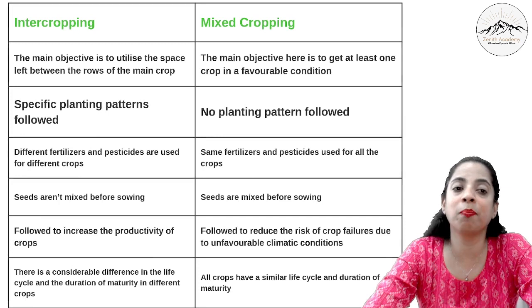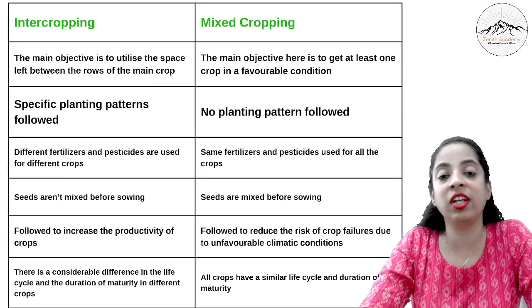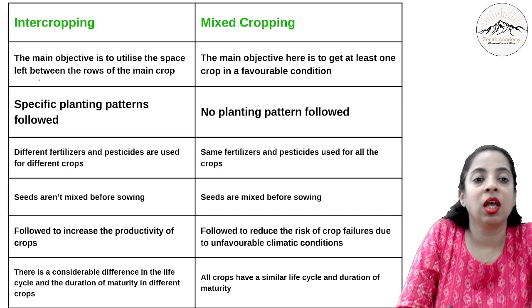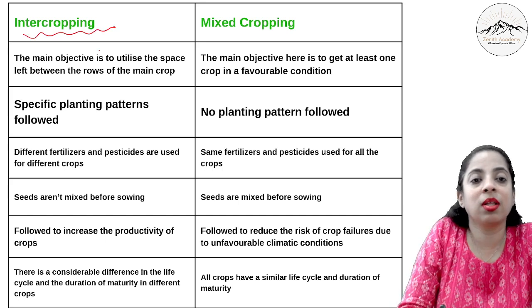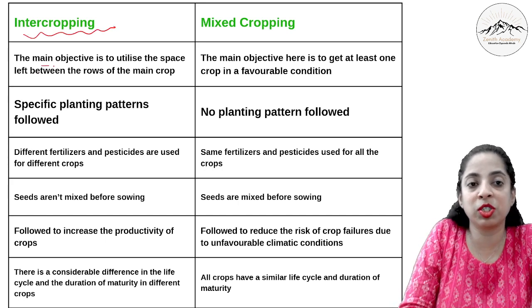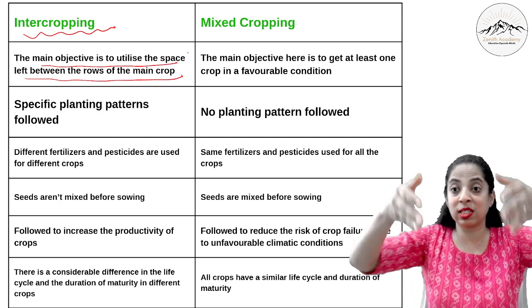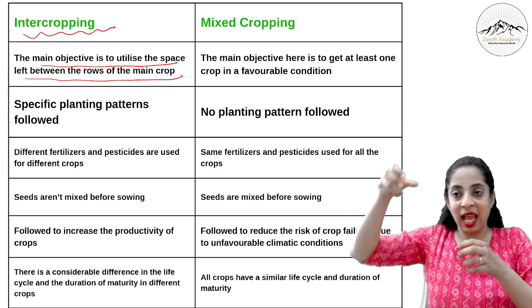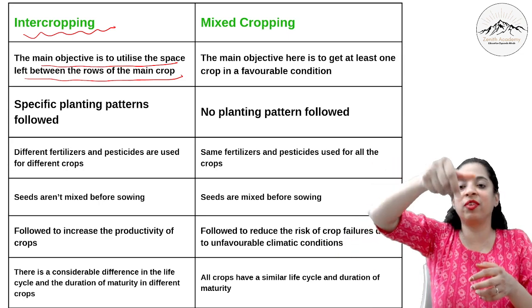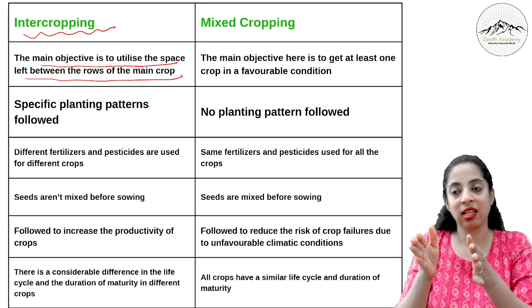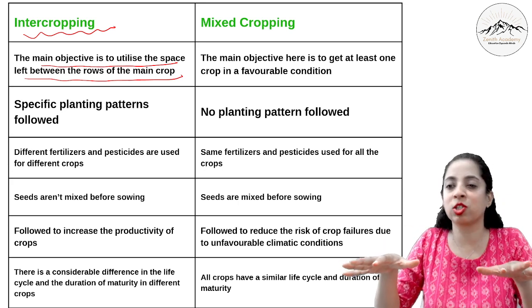Now this is very important to understand the difference between intercropping and mixed cropping. In intercropping, what is the main objective? It is to utilize the space left between the rows of main crops. There's one main crop and some space in between, so to utilize that space, we grow something else which doesn't require so much space.